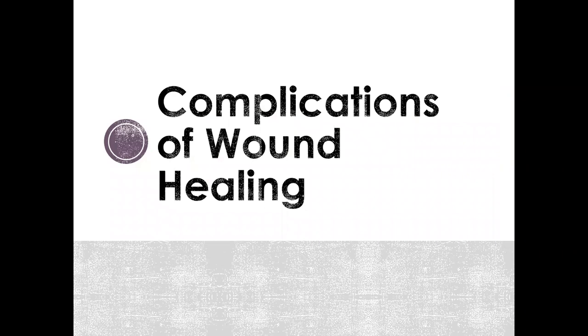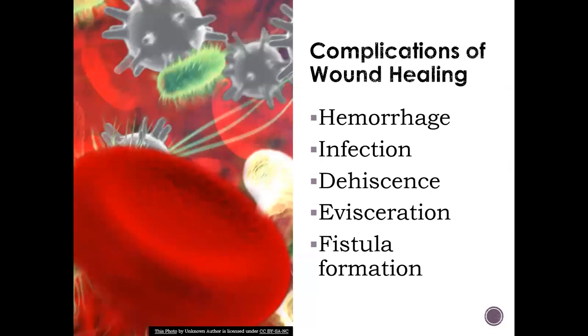Now we're going to move on to our complications of wound healing. So complications of wound healing, right? That first phase where we're supposed to have hemostasis, we do not, we have hemorrhage. Hemorrhage is greatest in the first 24 to 48 hours following surgery or injury.